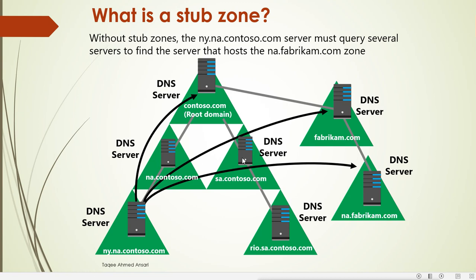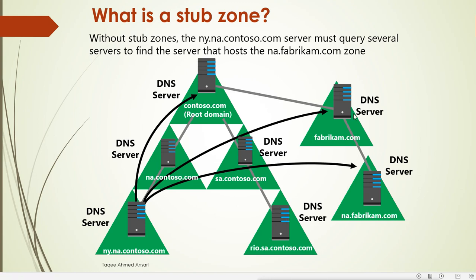Then we have another tree domain, sa.contoso.com, and this sa.contoso.com has one child, rio.sa.contoso.com. So these are the whole forest we have, with different child and parent domains. And these two trees are in the forest.